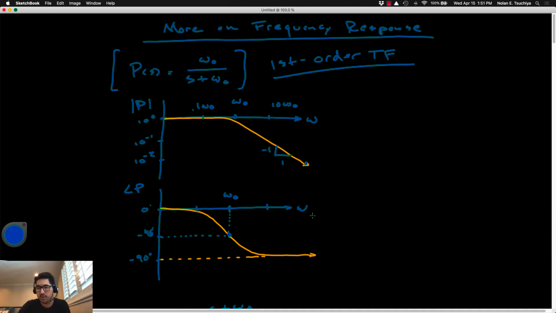And the point of today's lecture is to zoom out a little bit and give you a library of fundamental transfer functions so that given any transfer function, higher order, third order, fourth order, and so forth, you can pick out what the Bode plots will look like based on your understanding of these fundamental transfer functions.